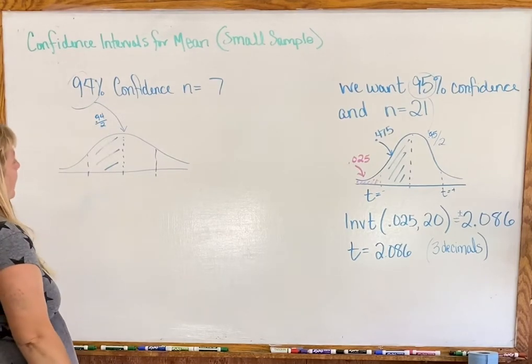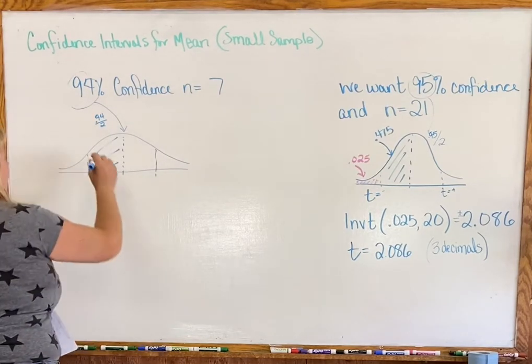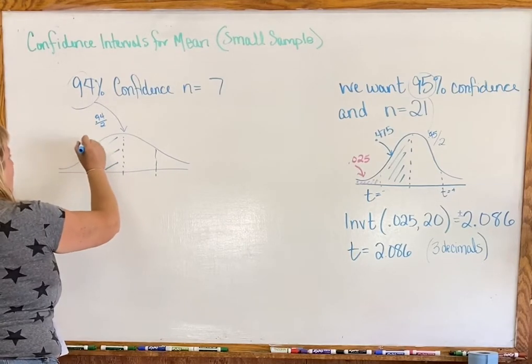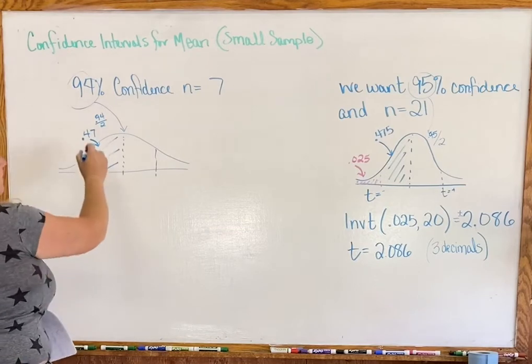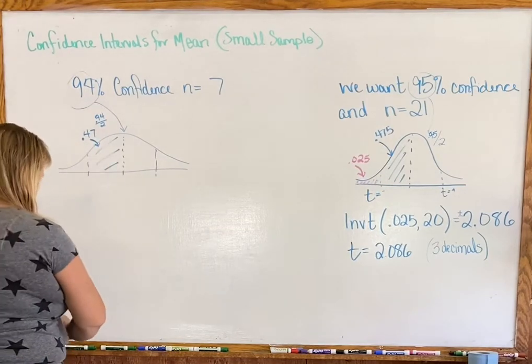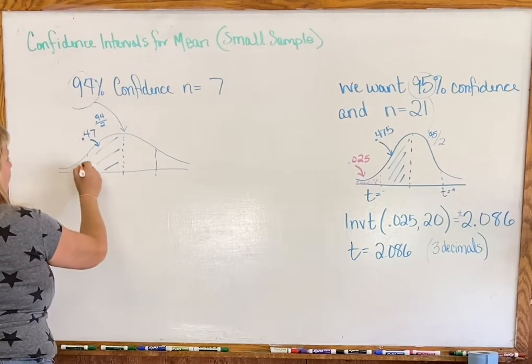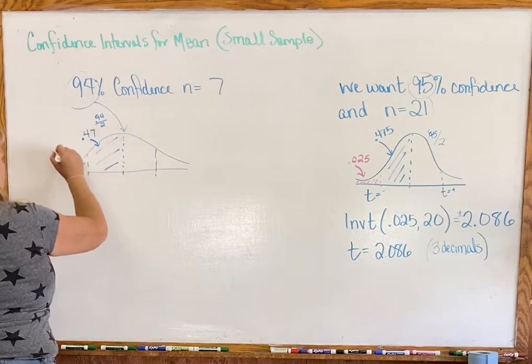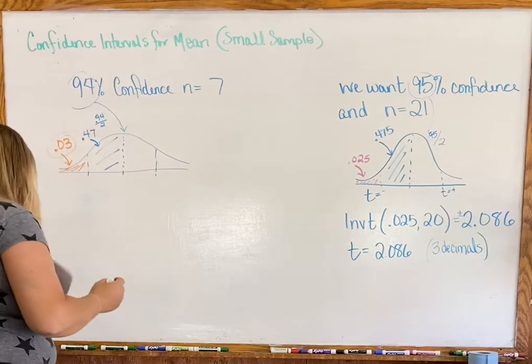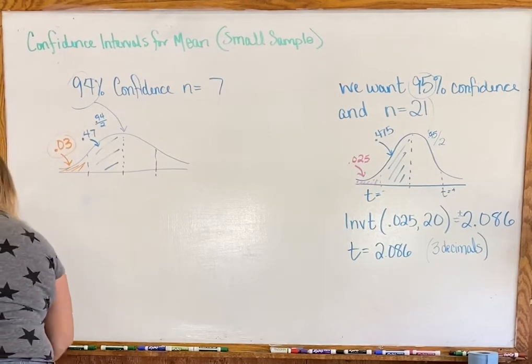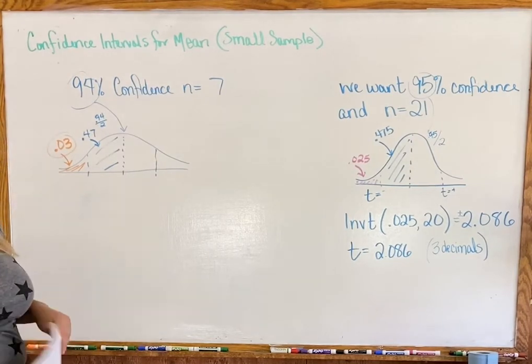Okay, so 0.94 divided by 2, let's see what's that gonna give us. 0.47. And if that's 0.47, it means that this bit out here is going to be 0.03. Okay, so remember, it's always that tail that we want.